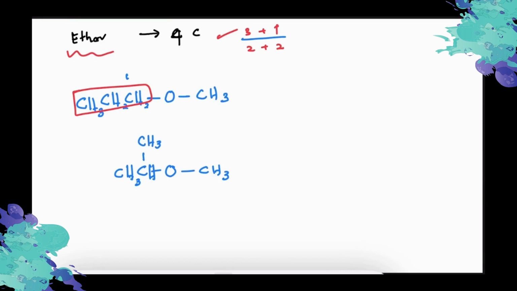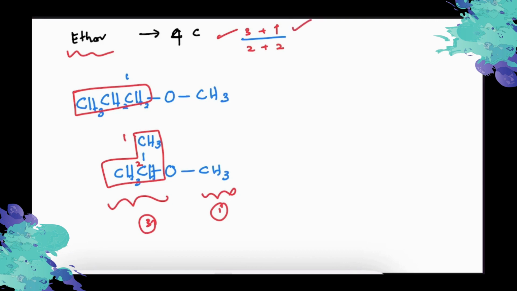The difference is this is attached to the first carbon and this is attached to the second carbon. It's still 3. This one is 3 carbon and this one is 1 carbon. 3 plus 1. Can we change it? I think this is the last for 3 plus 1.